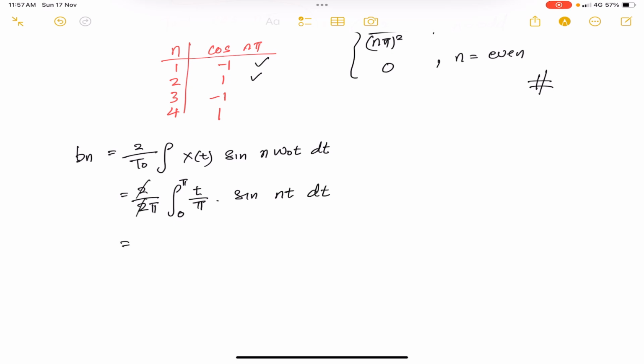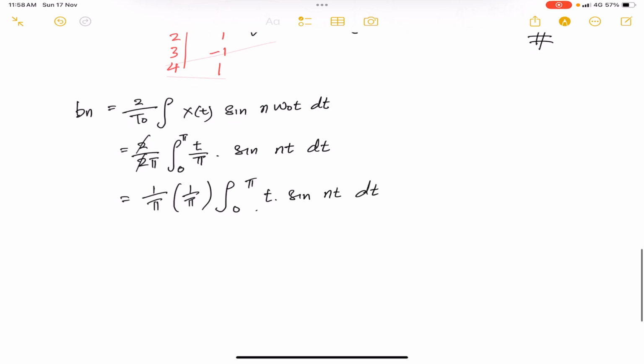So this one can cancel. You bring out the 1 over pi. Then you integrate t multiply with sine nt dt. Okay, again, this part we cannot integrate directly. We need to apply integration by parts again.